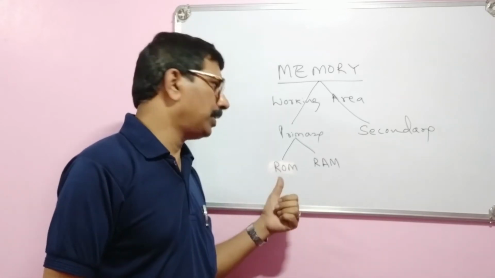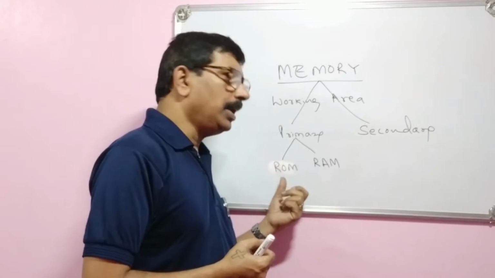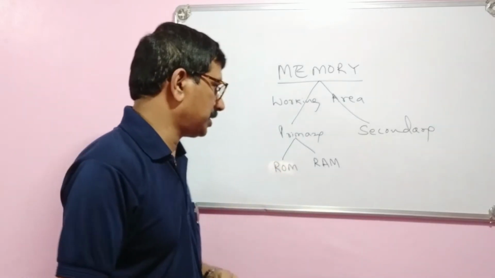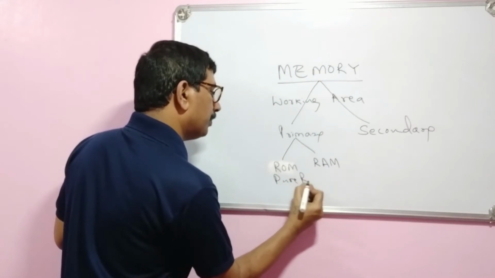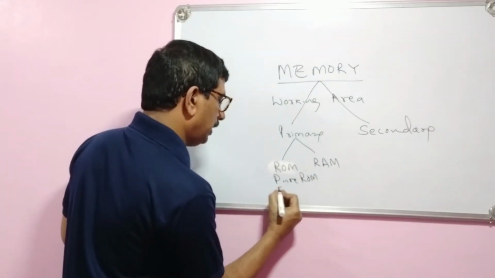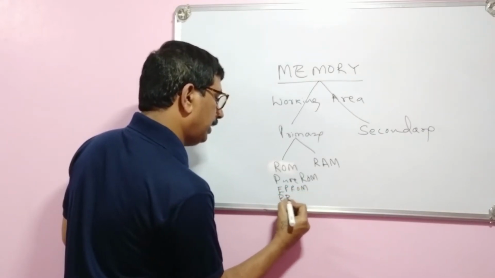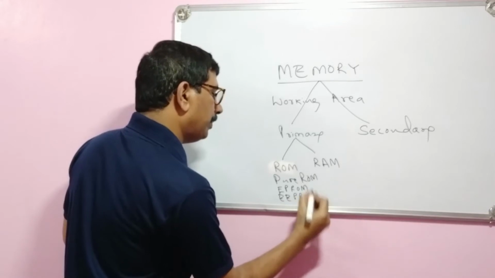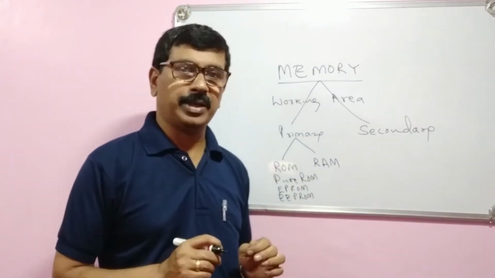We can even call this a permanent memory. But in ROM there are again some classifications: pure read-only memory, erasable programmable read-only memory, and electronically erasable programmable read-only memory.